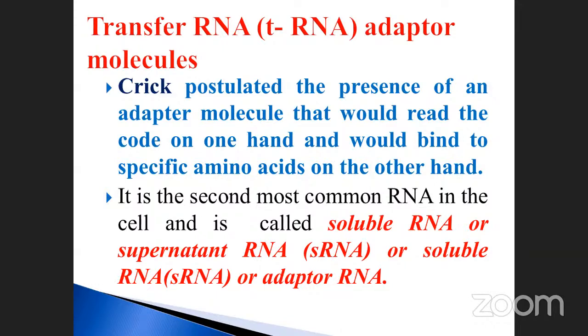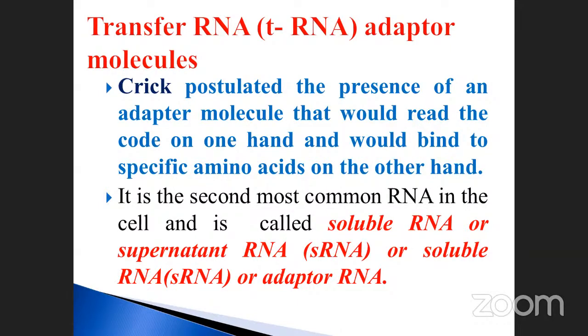It is the second most common RNA in the cell, and it is called soluble RNA, supernatant RNA, otherwise called sRNA, and also adapter RNA. Don't forget, my dears, tRNA is also transfer RNA, soluble RNA, supernatant RNA, and adapter RNA.